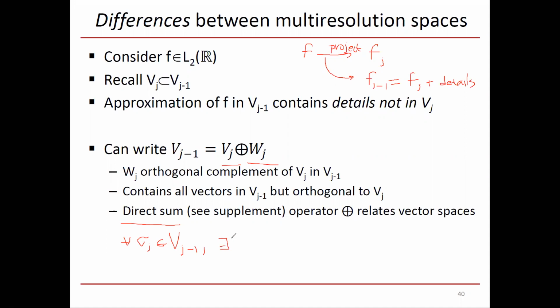there exists a unique, the exclamation mark means unique, lowercase vj, an element of the space Vj, and lowercase wj, an element of the space capital Wj, and V tilde j is equal to vj plus wj.